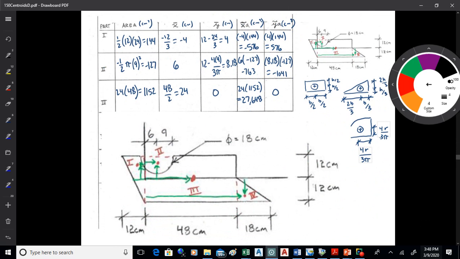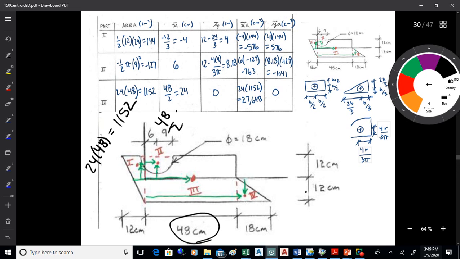Okay, that big rectangle area is just 24 by 48. It's 1152. X bar is, we got 48. It's coming right off the y-axis, so half of that is 24. Y bar is right on the x-axis, so it just zeroes out.